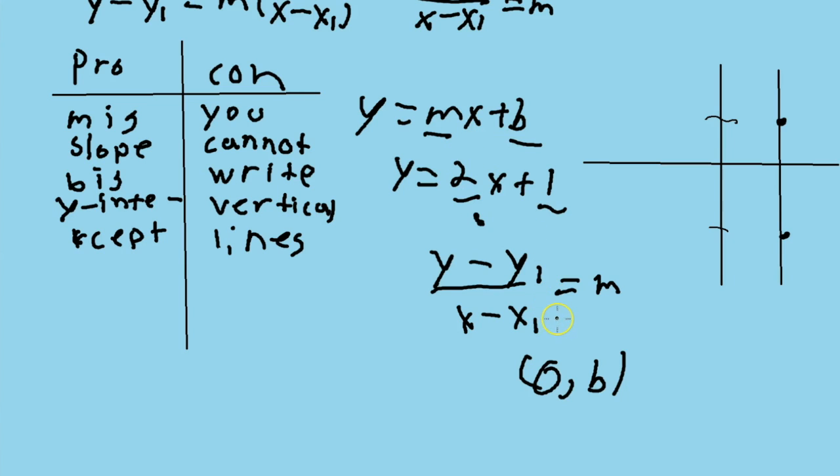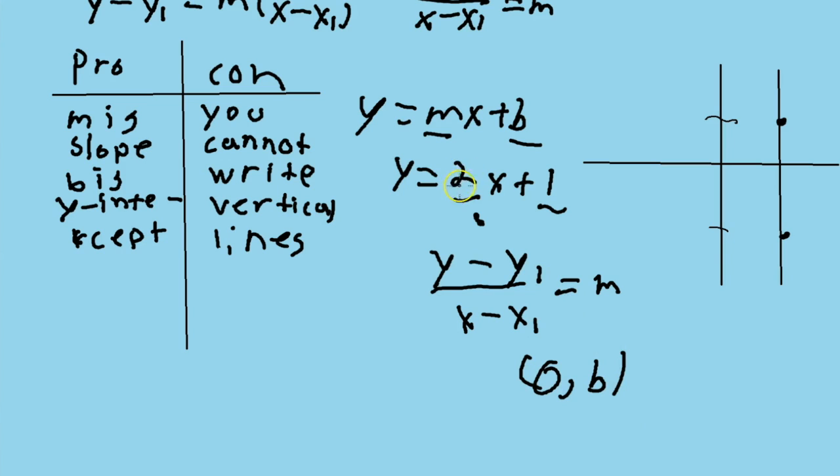So based on the slope, you just find another point with it. You can just go up by the slope.